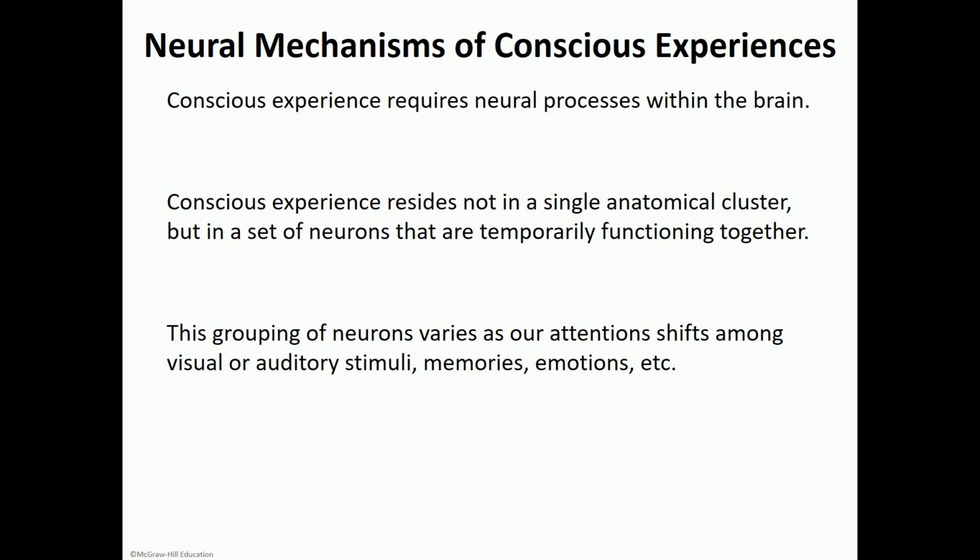So again, seeing a piece of art or hearing some music. Those visual or auditory stimuli have the ability to give you different emotions, different memories. All of that is due to these different association areas temporarily working together in order to give you that conscious experience.